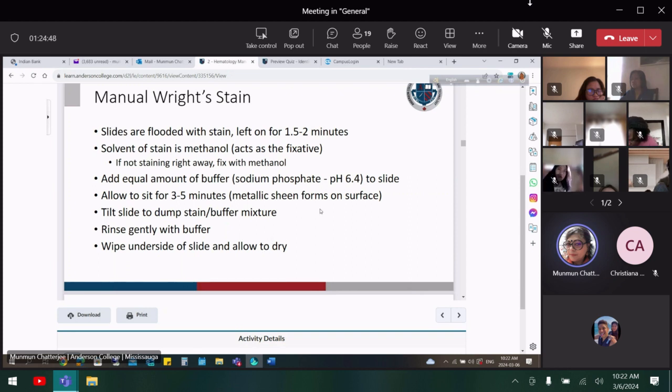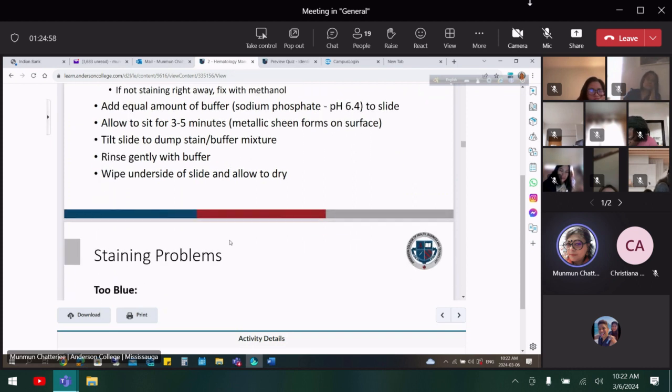And then you dump that out, and rinse gently again with buffer, because the excess stain is going to come off, right? Then wipe the underside of the slide, because the stain is going to be on the underside. If you don't clean the underside, it is going to give you a darker stain and you cannot see anything.